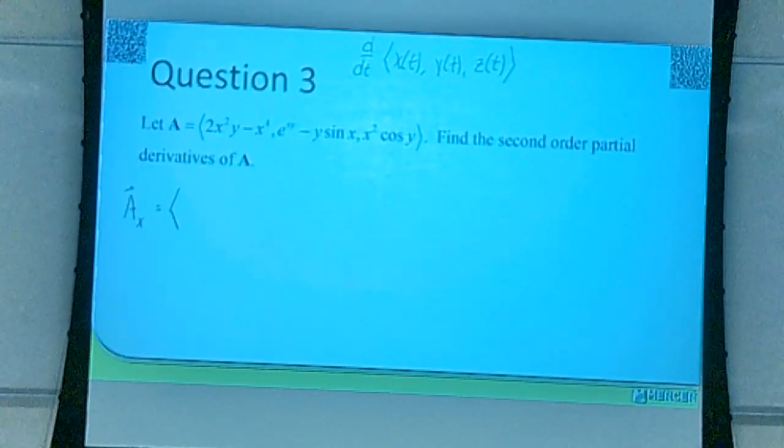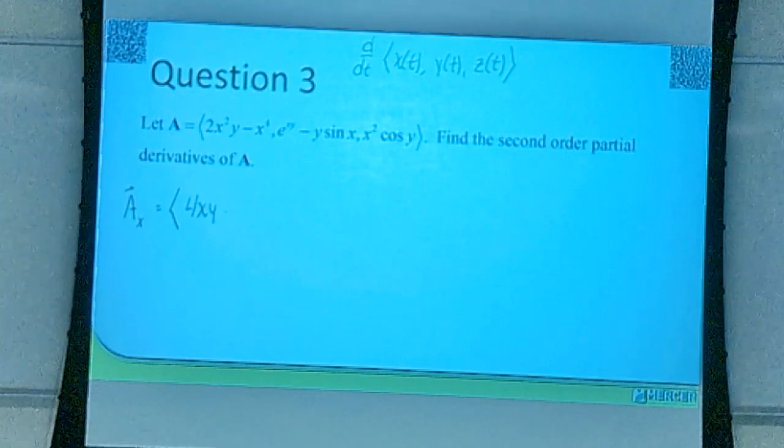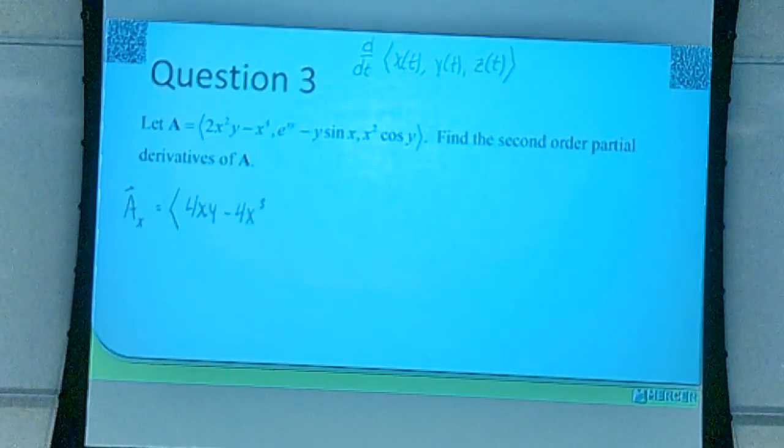Partial of A with respect to x would then just be, your first component would be the partial of the first component with respect to x, which is what? It's 1 minus 4x to the third. Now, what's the second component? 1, no, minus, yeah, minus 5.